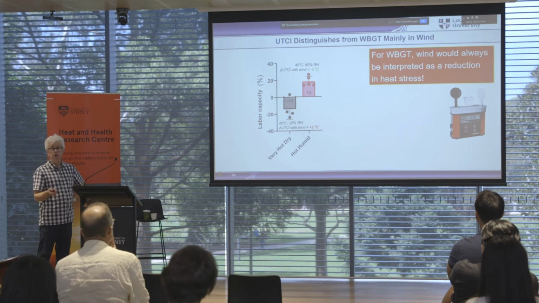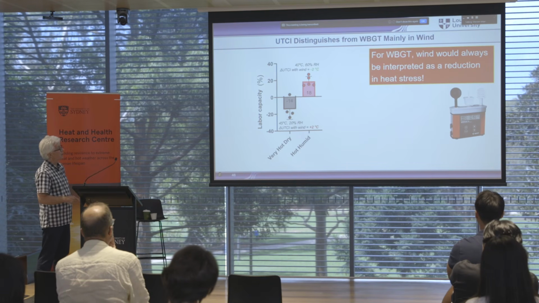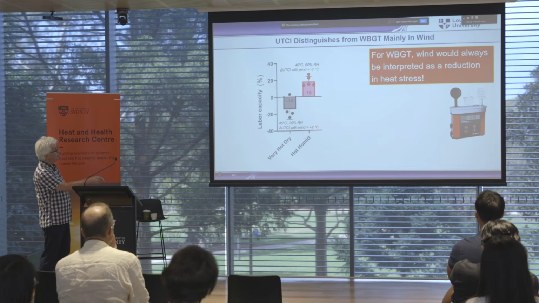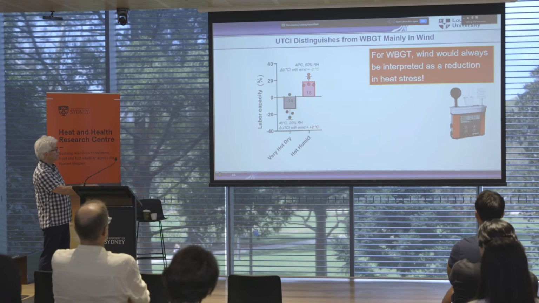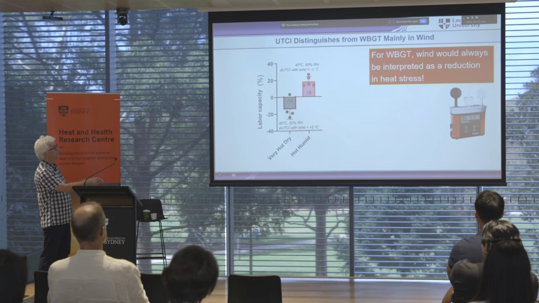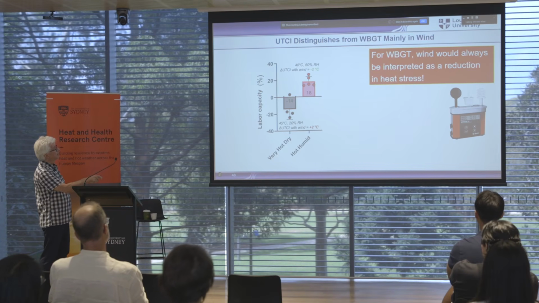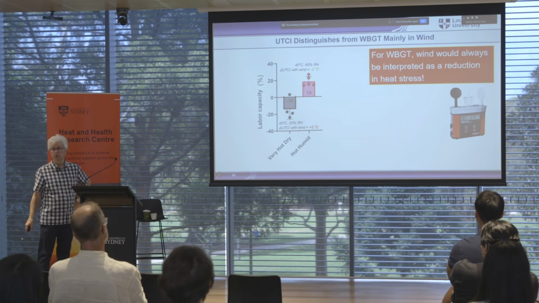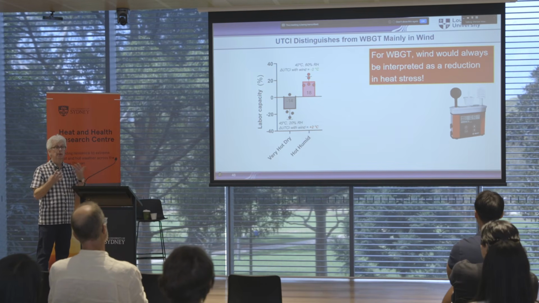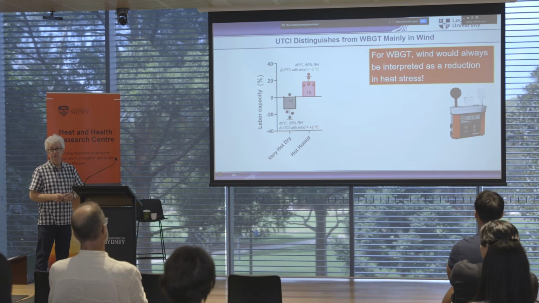So things were worse according to the UTCI, but also worse in labor capacity. Now we go to hot humid: here we actually improved work capacity, and UTCI came down by 2 degrees Celsius. So that was consistent with it, but WBGT would have gone down in both cases.